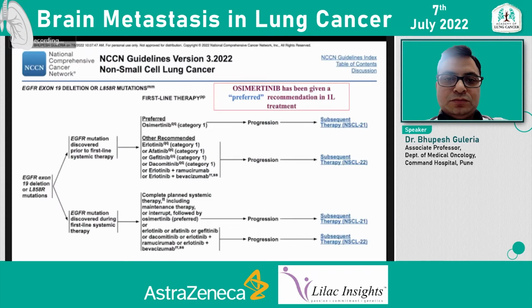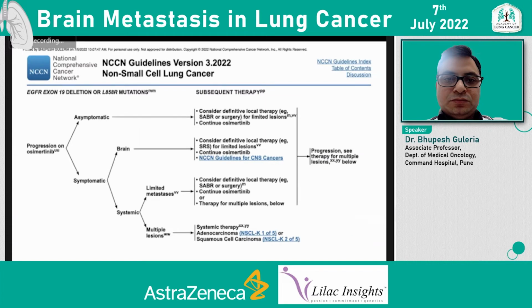Considering these factors, the latest NCCN guideline says that for EGFR DEL19 and L858R mutations, osimertinib is the preferred first-line treatment option. If the disease progresses on osimertinib, it depends on whether the disease is asymptomatic or symptomatic. If asymptomatic, we can consider the local therapies already discussed and still continue with osimertinib.